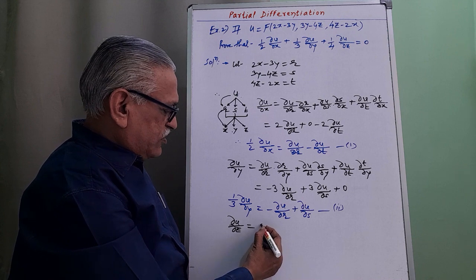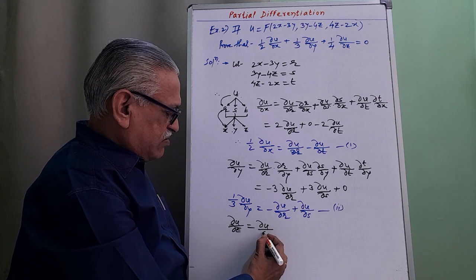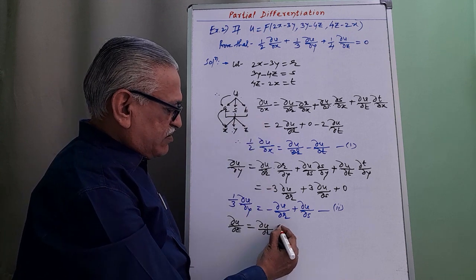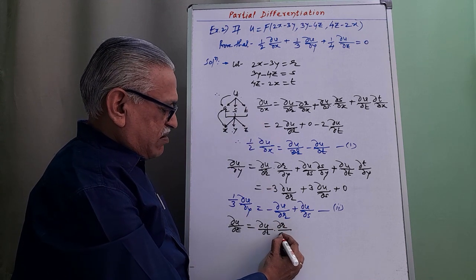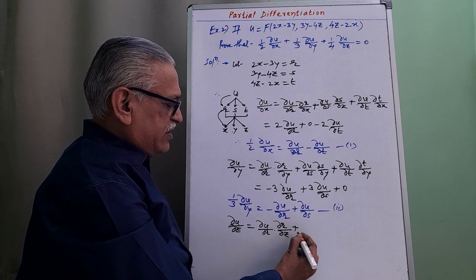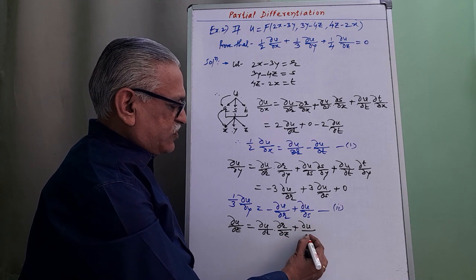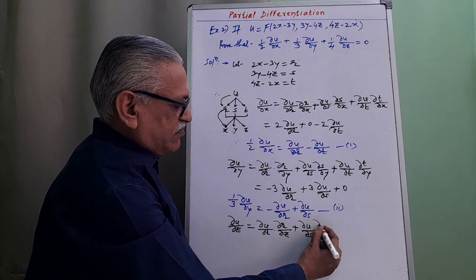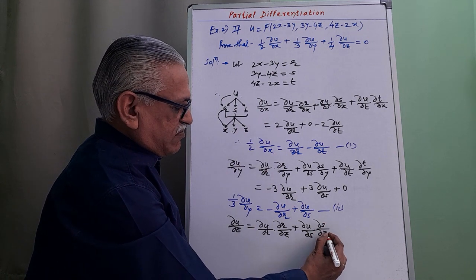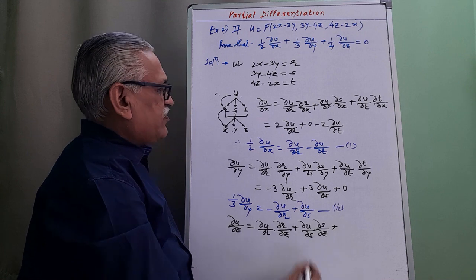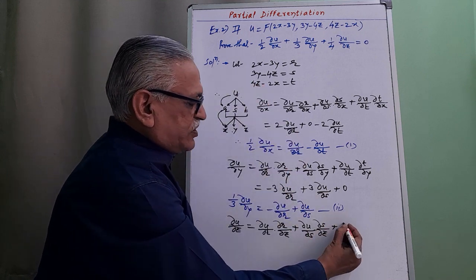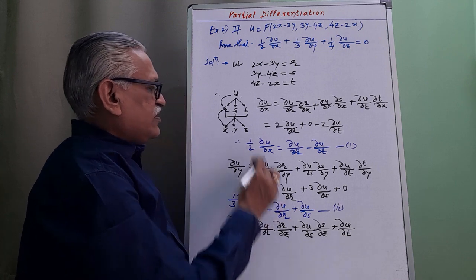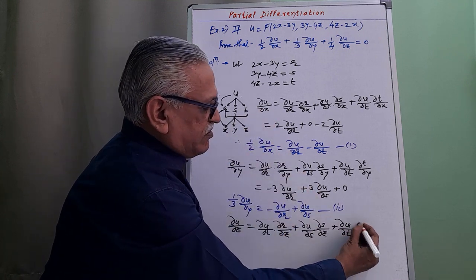Applying the chain rule, dou u by dou r into the derivative of r with respect to z, then differentiate u with respect to s and the derivative of s with respect to z, differentiating u with respect to t and t with respect to z.